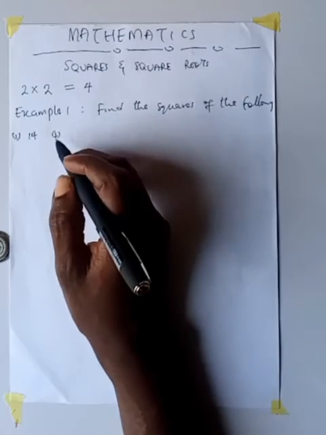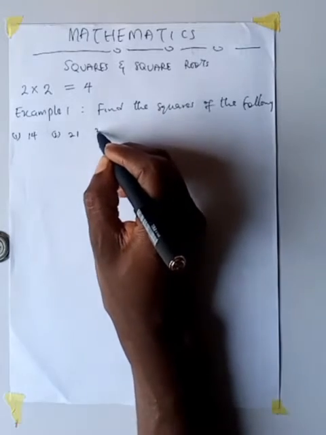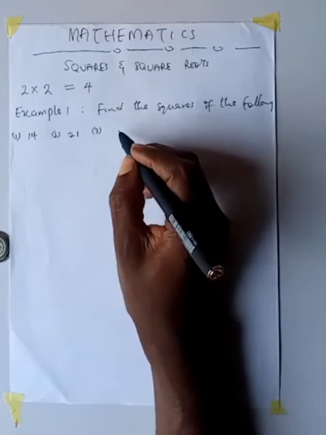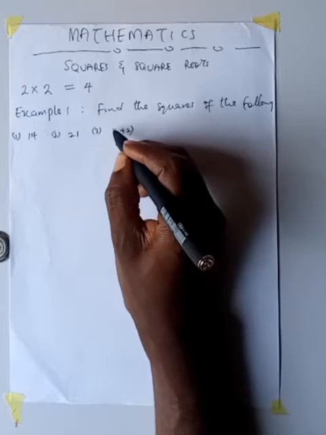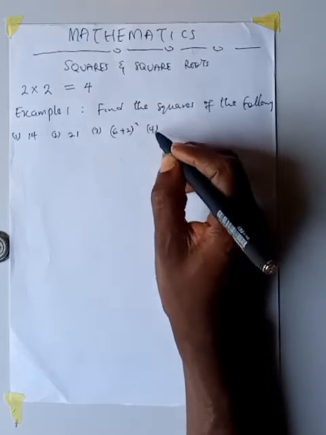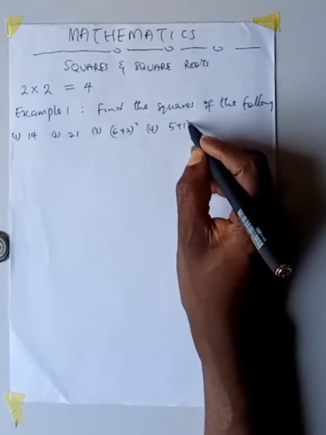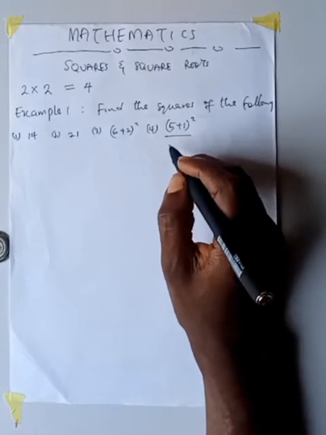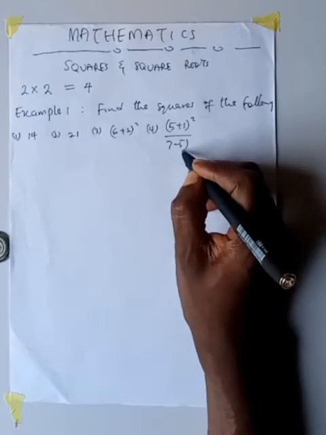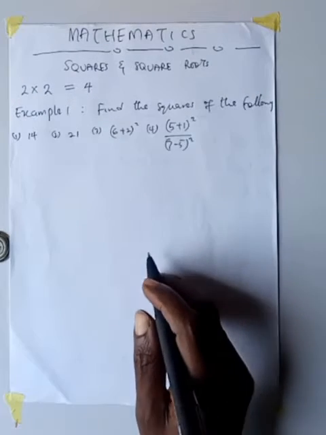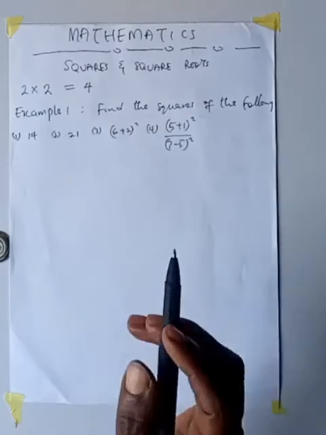Number 2, 21. Number 3, (6 + 2) raised to power 2. Number 4, (5 + 1) squared, everything over (7 − 5) squared. Those are the very first set of questions that we have.